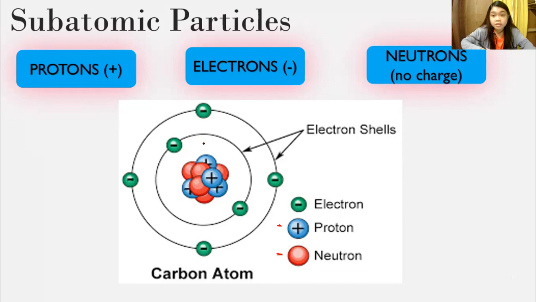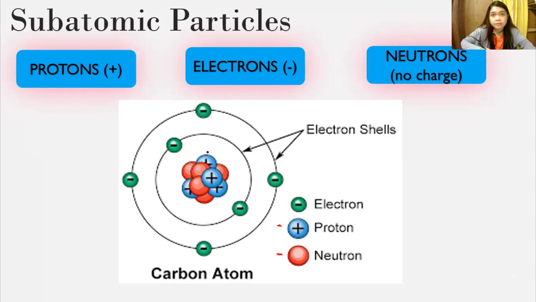The numbers of protons and electrons are fixed as always. However, the number of neutrons differs in the nucleus. Later, we'll be calculating how to determine how many neutrons, protons, and electrons are found in a certain atom.